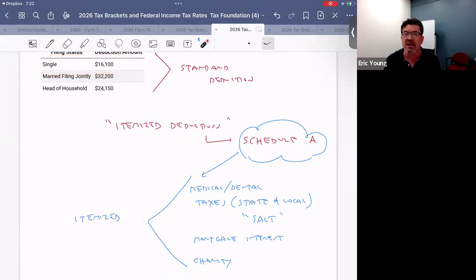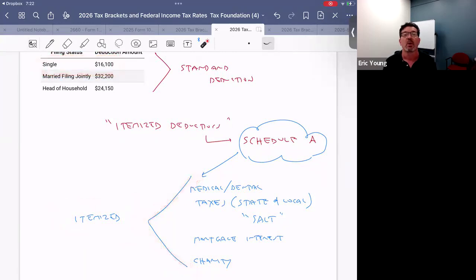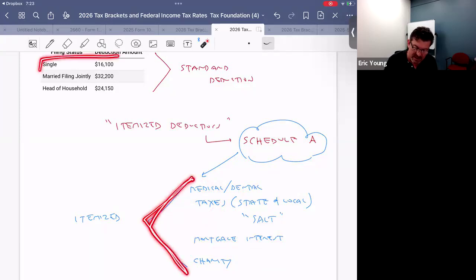I just take the standard deduction of 16,100. I would only claim itemized if these totaled greater than this. And since I don't own a home, and I don't have a lot of medical bills, and I don't pay property taxes, then there's really no chance that I'm going to have itemized deductions greater than my standard. You want to take the bigger.